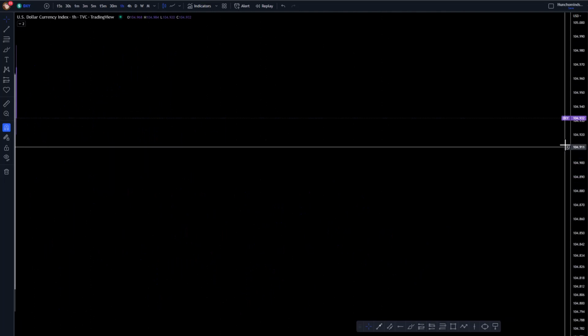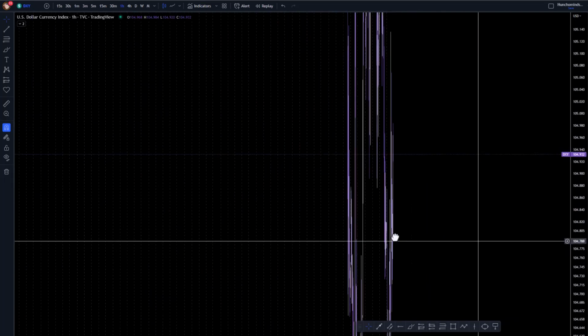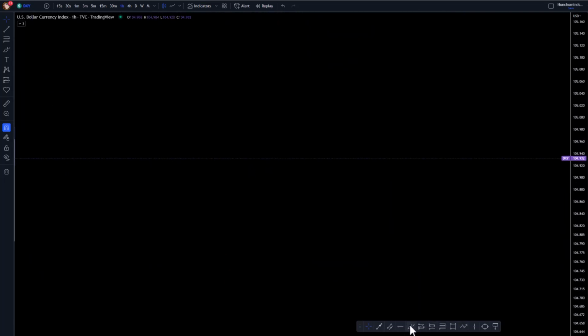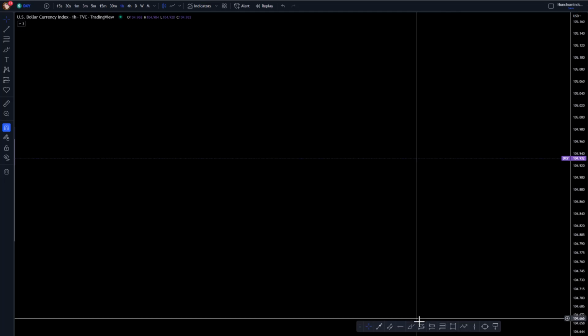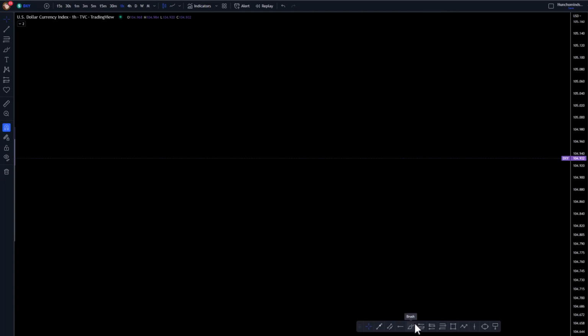Let me scoot this all over here. All right, I want you guys to write this down. Structure consists of two phases. For now we'll focus on these two main phases. As we progress, I'll introduce other phases of structure.